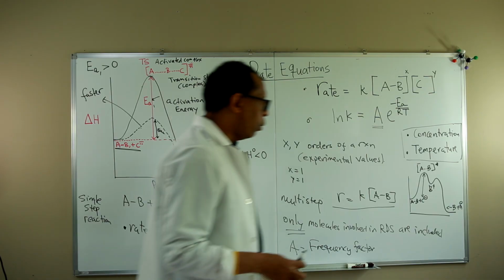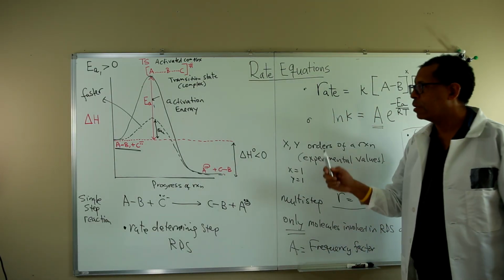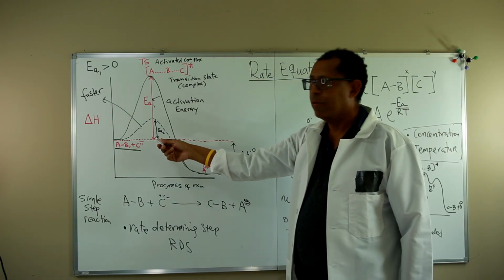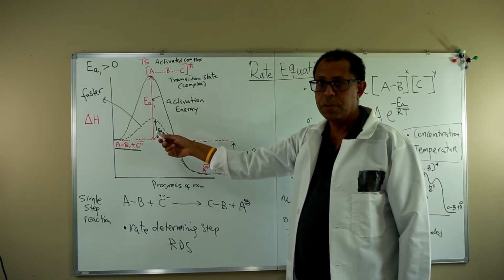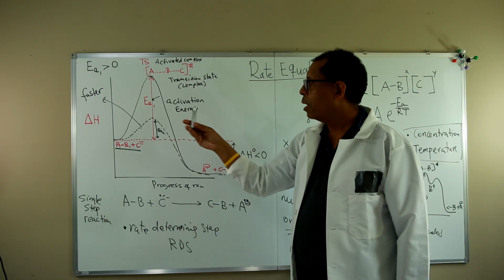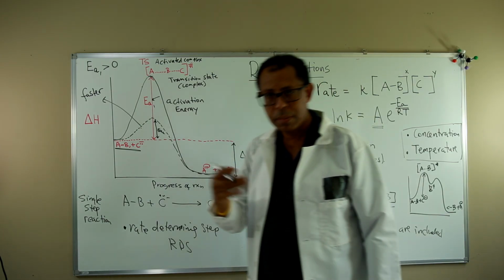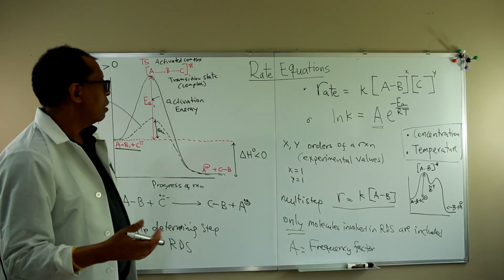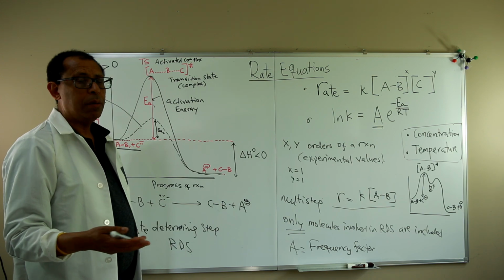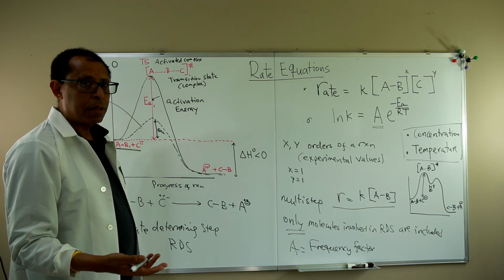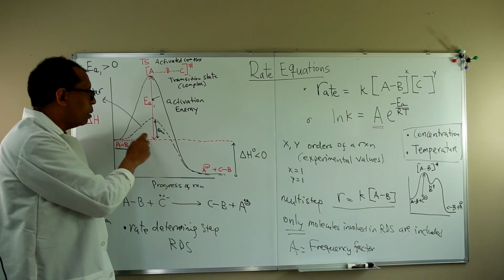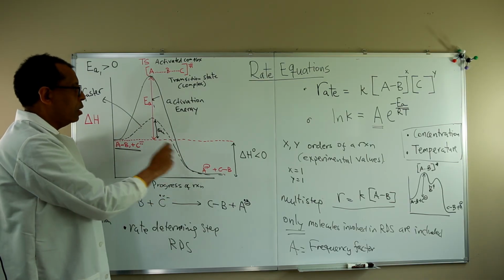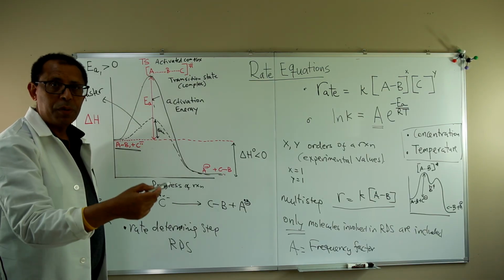One of the strategies for lowering activation energy in biological systems is using enzymes. Enzymes are biological molecules, proteins, involved in biological reactions, which help to lower activation energy. When they lower activation energy, the reaction goes faster.